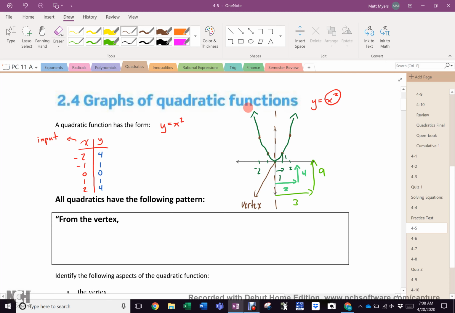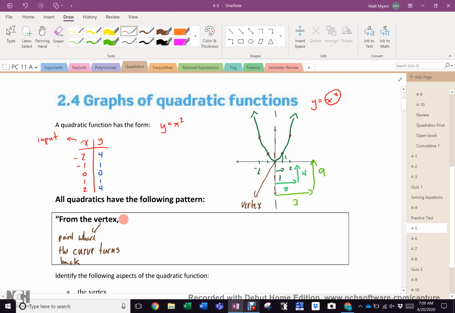And it's going to happen that way too. So, from the vertex, remember the vertex is the point where the curve turns back.